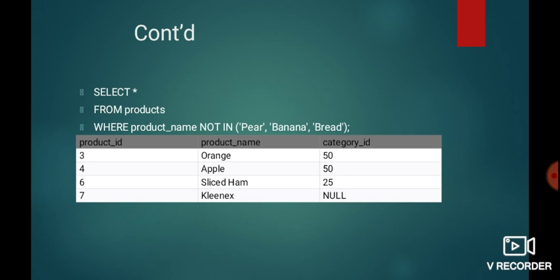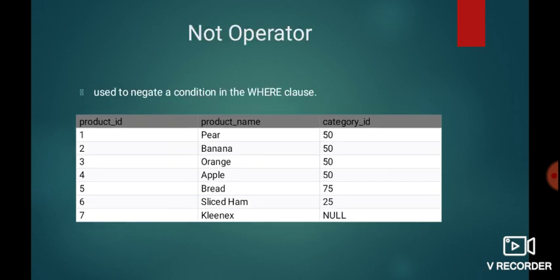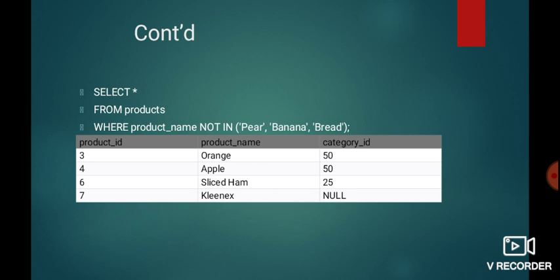It will search and if these values match pear, banana and bread, it will remove those rows. So these four rows will be our answer. This is the output which does not contain pear, banana and bread.